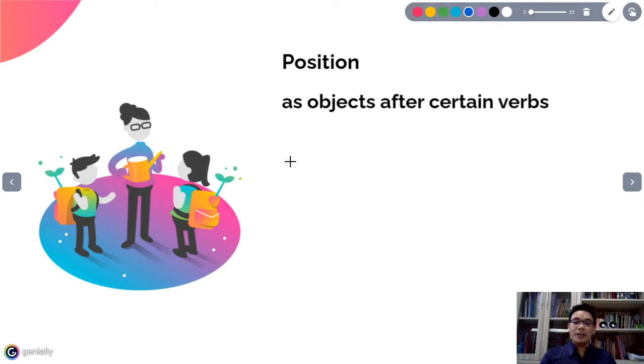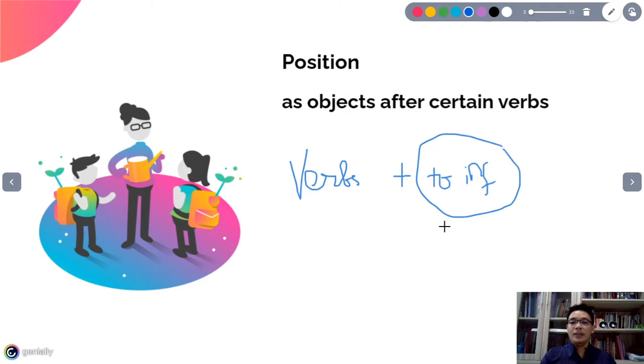It is something like this: certain verbs, and then followed by to infinitives. Objects after certain verbs. So as the objects.